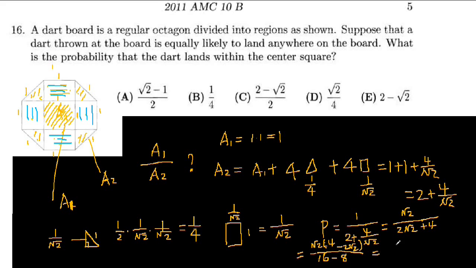So this equals 4 square root 2 minus 4 divided by 8. That's equal to square root 2 minus 1 divided by 2. So that's the probability, and the answer is A.